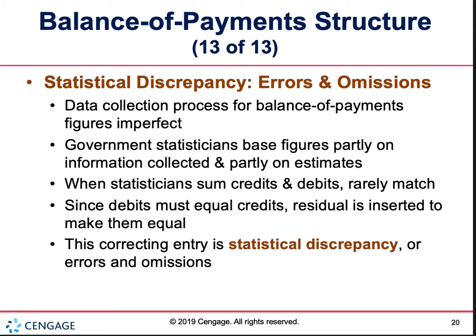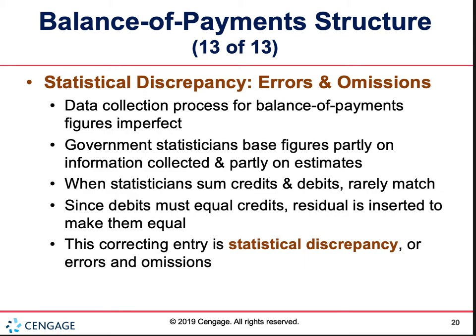So there are sometimes statistical discrepancies, basically errors or omissions. So the data collection process of balance of payments figures is imperfect. So statisticians base figures partly on information collected and partly on estimates. So they're not always 100% accurate. So when statisticians sum credits and debits, they rarely match.